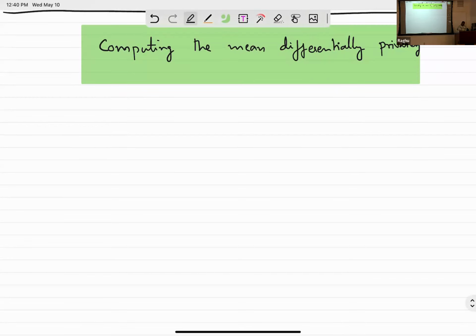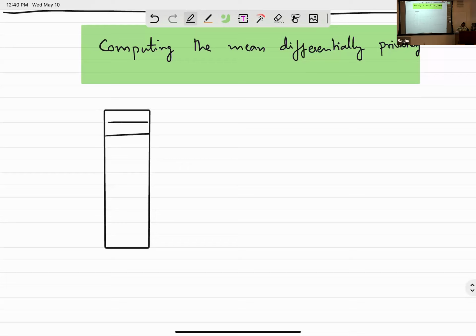So what do you mean by computing the mean differentially privately? It's the same setup as before. You have some n users: user 1, user 2, and so on, up to user n. Let's say each person has a single field, x1, x2 up to xn, which is binary, just 0 or 1.